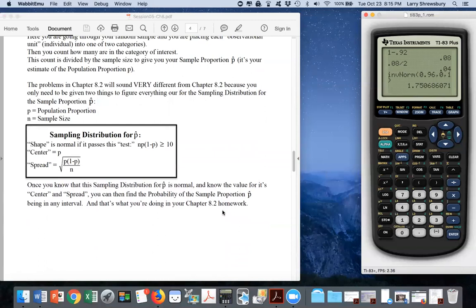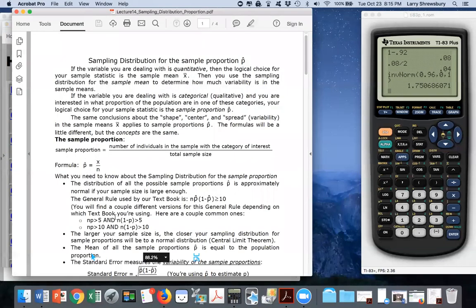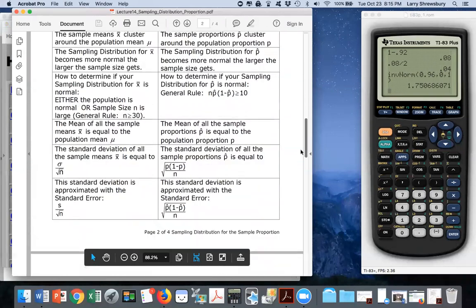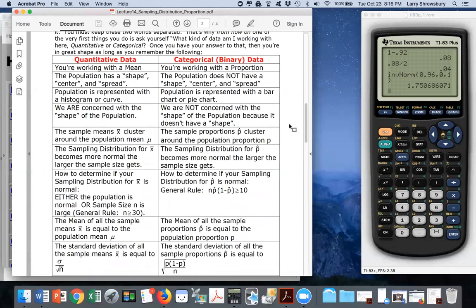What I think will help you the most, and what I always strongly recommend to students, is to go to the lecture notes, go to chapter 8.2, and I would actually recommend printing out page 2 and page 3, because on those I have summarized for you side by side what you should probably be reviewing every day. Not only every day, but more than once a day, maybe 2-3 times a day, till it starts to sink in: the similarities and differences between quantitative data and this categorical binary data, side by side.